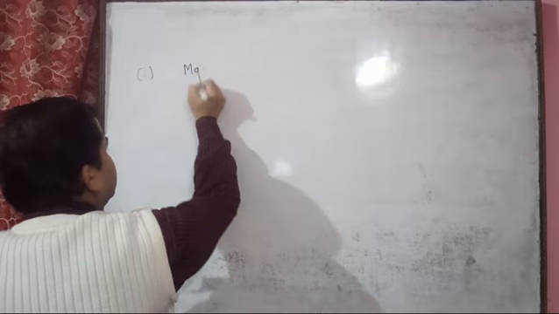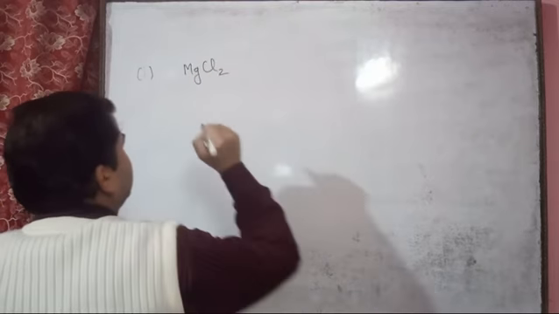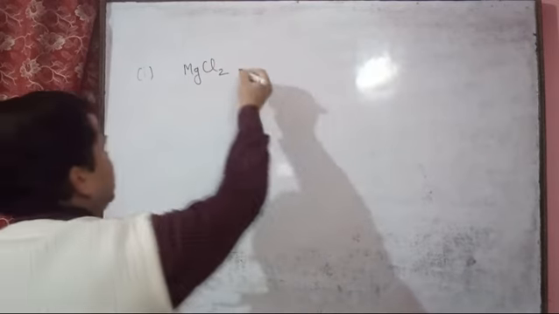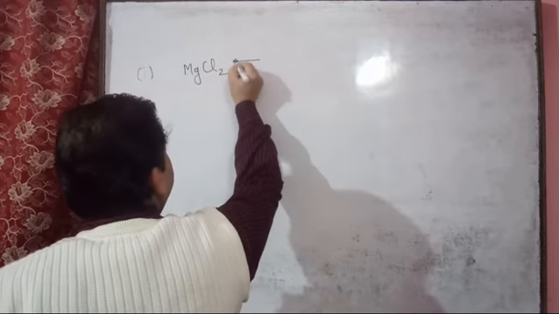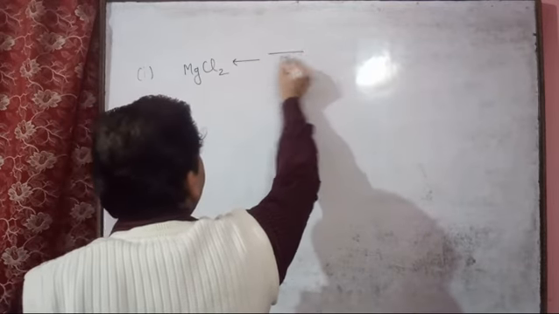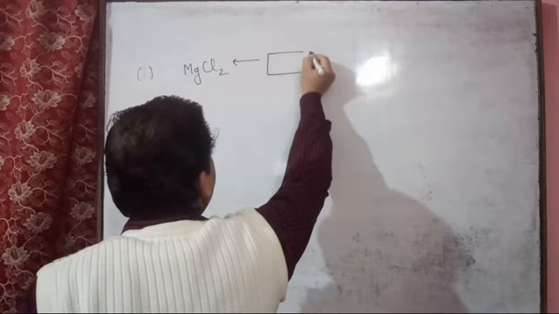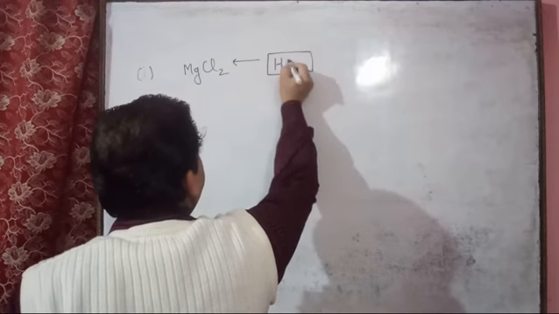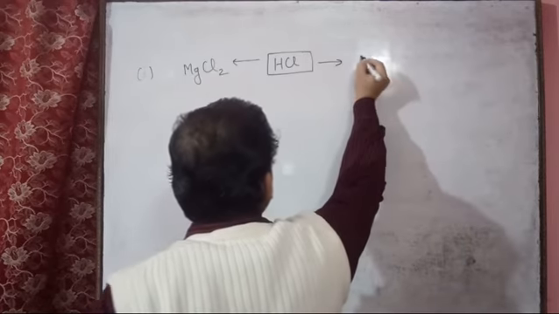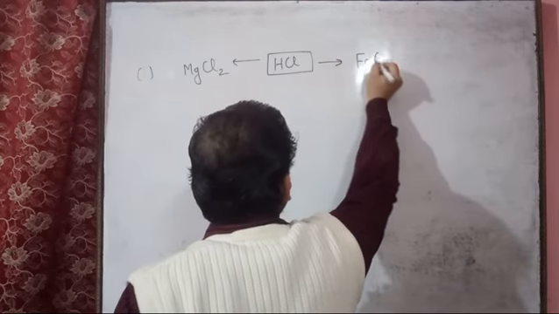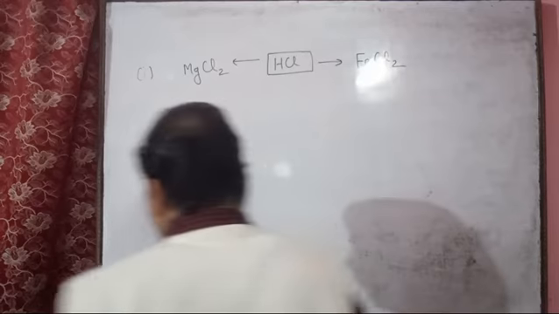You can understand here Mg, magnesium chloride, and then after written here an arrow, in the box HCl written, and then after FeCl2 written.